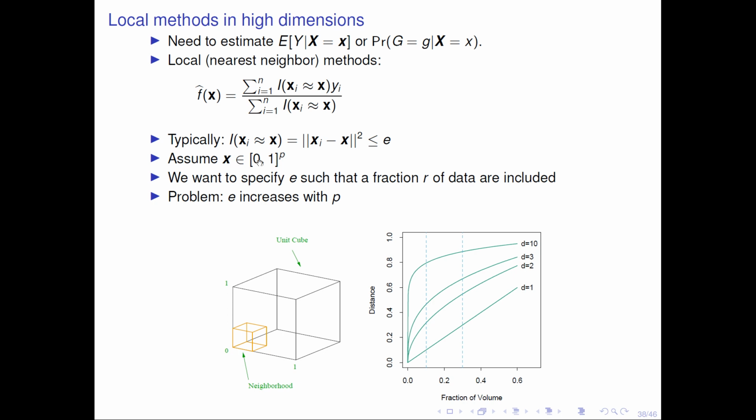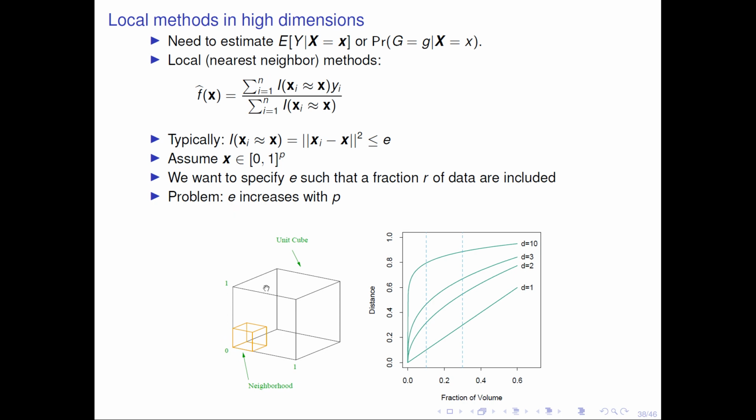But let's look at this setting. And for simplicity, let's assume now that all the x's are in the cube. So each component is within the interval 0 to 1. And we have p of those. So we have a cube to the power of p. Okay, but let's assume now that we want to specify the e such that a fraction, let's say 5% of the data, are included when we take this average.